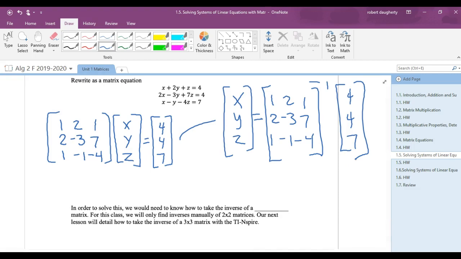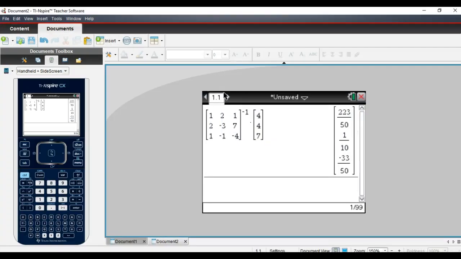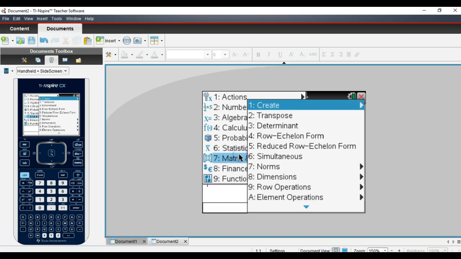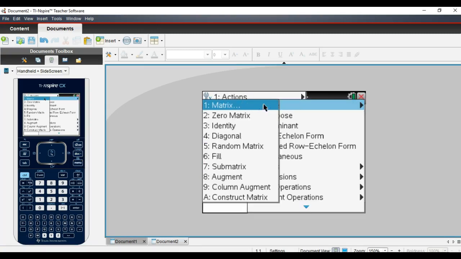But here's the deal: you don't know how to find the inverse of a 3 by 3. That's what we're going to spend a lot of time on Monday. But let me just show you real quick. It's not going to be too hard. So, what you can do, and we'll go over this in detail. And this is why you really need your calculator with you. So, matrix. I need to create a matrix.